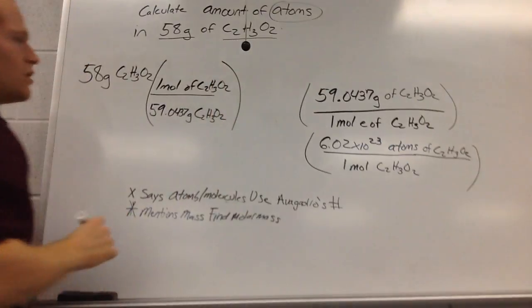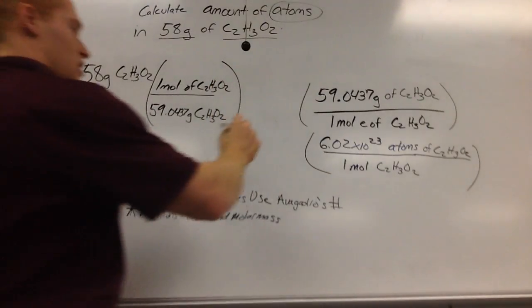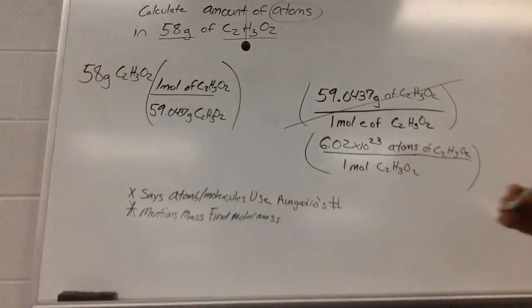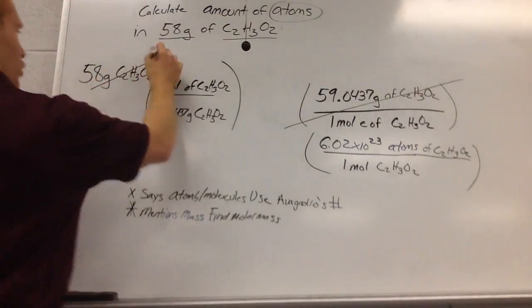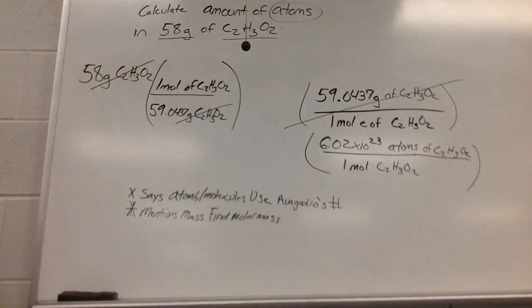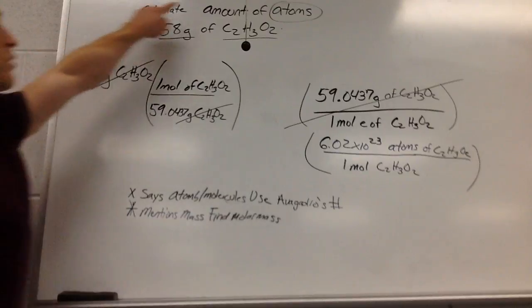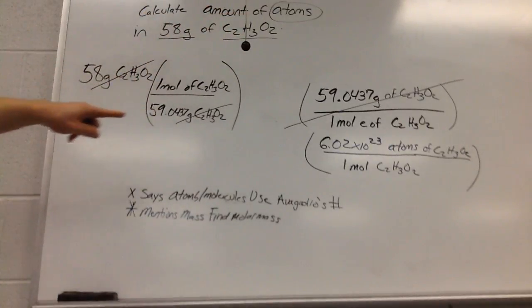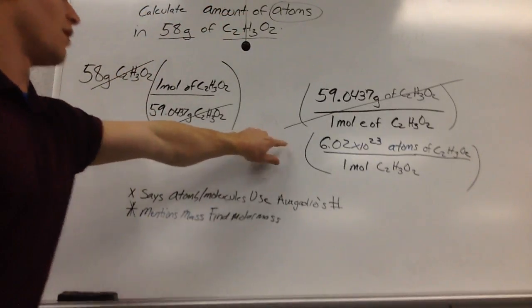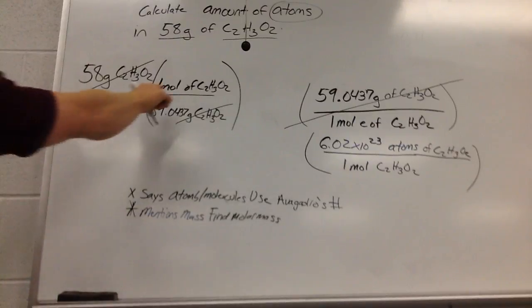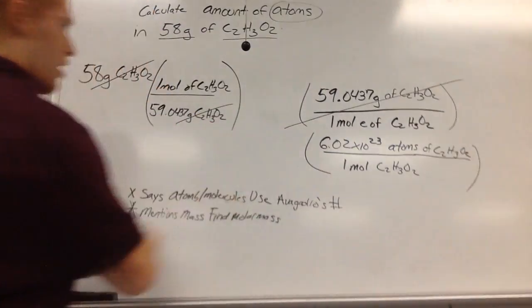What I usually do, after I've already used one, is cancel it out. So I just cross it out, so I know I'm done with that option because I've already used it. If you look at our units, we went from grams, got rid of them, and got to moles. What we circled was atoms, so we are not done. We need to do this final one. We want to get rid of our moles, so we have to put moles on bottom.